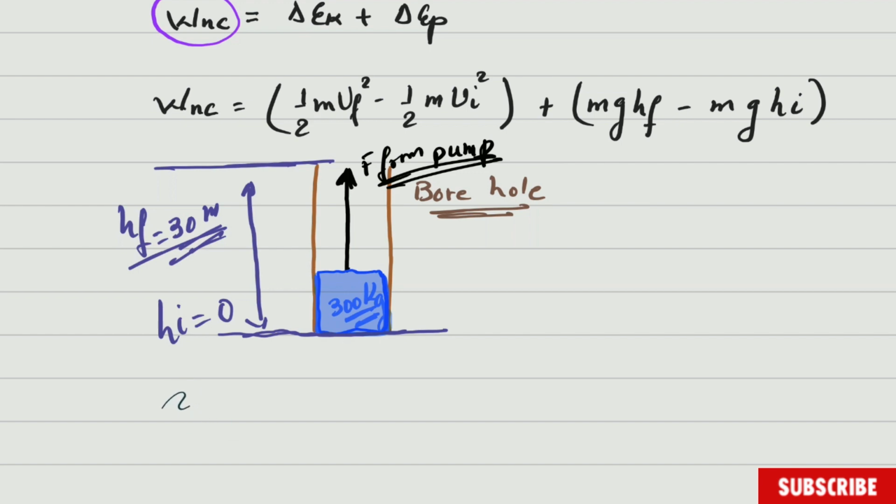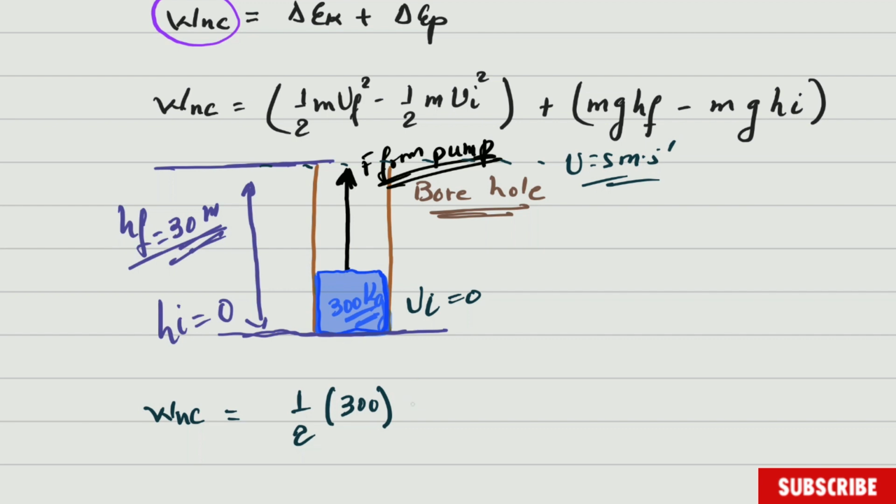It's tricky to picture. So the work done by the non-conservative forces is equal to half the mass, which is 300. The final speed is 5 meters per second. The water starts from 0, the initial speed is 0, and when it reached this point on top, the speed there is equal to 5 meters per second. Multiplied by 5 meters per second to the power 2, minus half 300, the initial speed is 0 to the power 2.